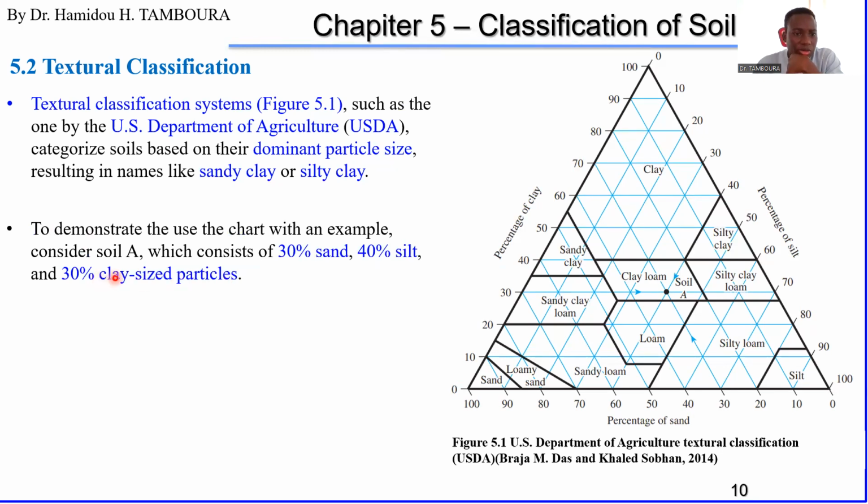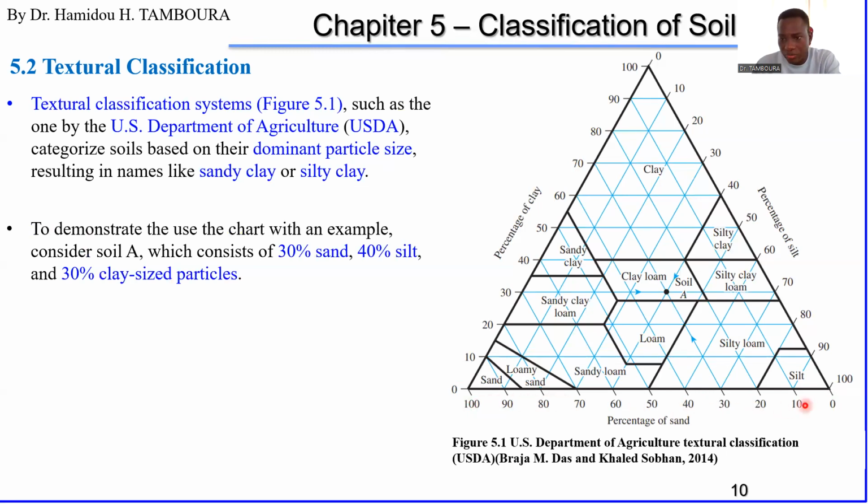I hope you know the meaning of this now, clay size particle. So if you have something like that, what you do? The sand, 30%. So sand is here. Percentage of sand. Can you see this part? So it starts here from 0 to 100%.